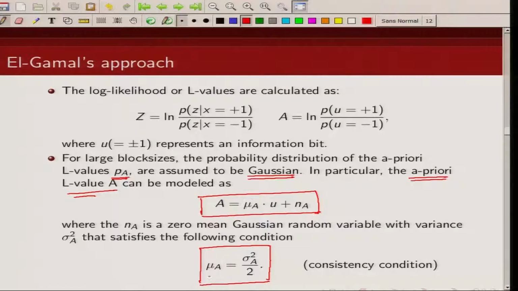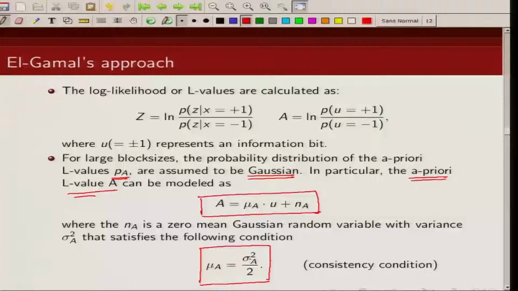So, they assume the mean and variance are related in this particular fashion. So, if you make this Gaussian assumption and assume that mean and variance are related, then you essentially need to track only one parameter. For example, with just the mean you can track your Gaussian distribution.